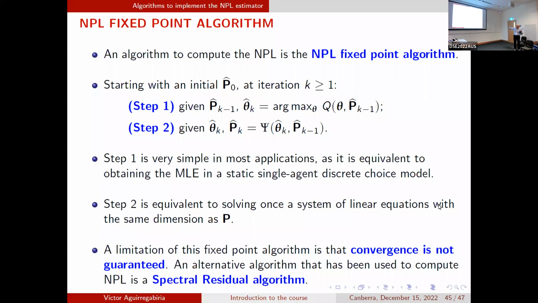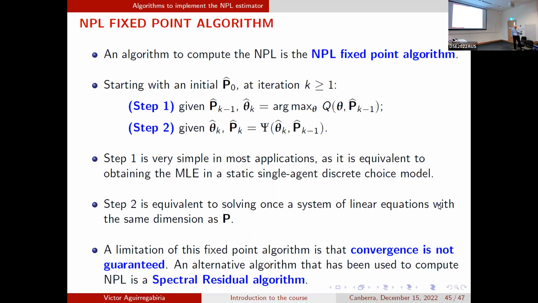Given that, updating theta and then, given theta, updating P is as simple as in a static model. And with this type of model, we have a globally concave likelihood function. Then every iteration is very simple. The main issue here will be convergence.